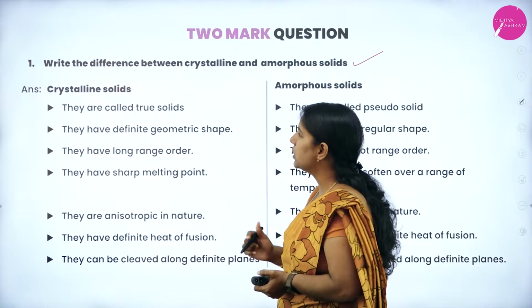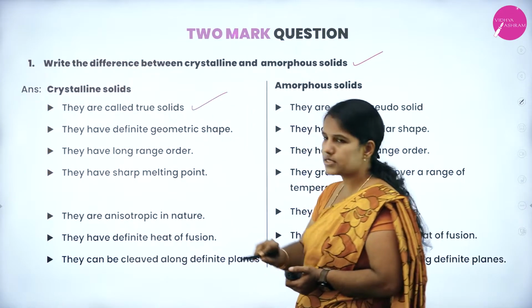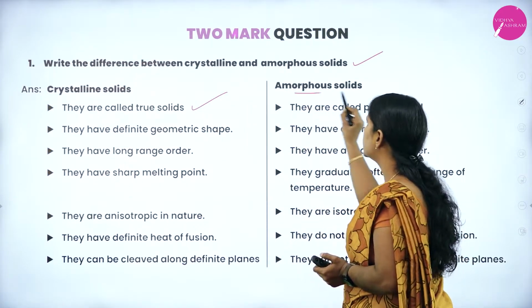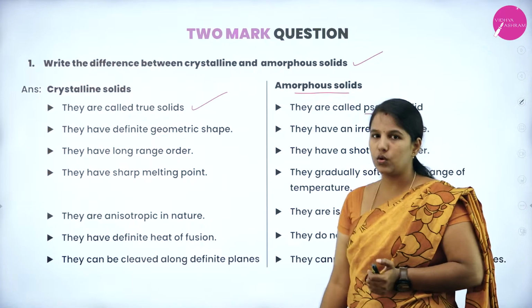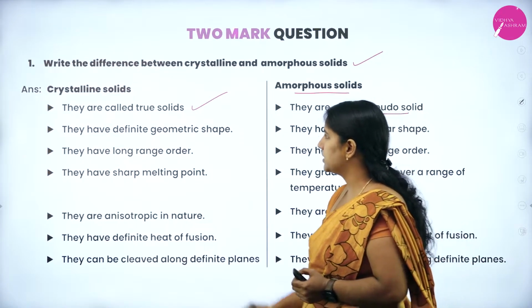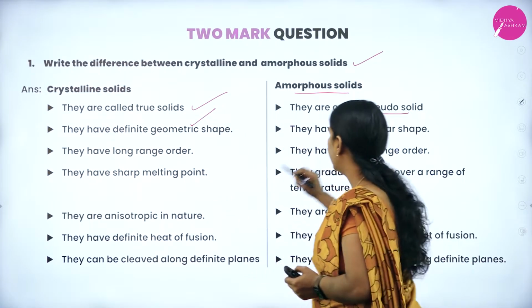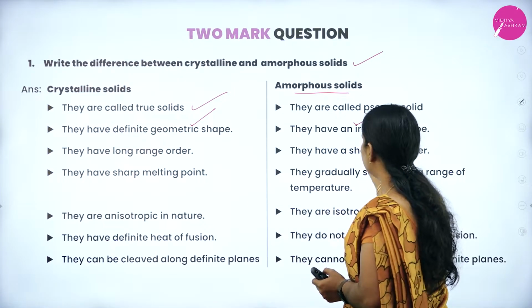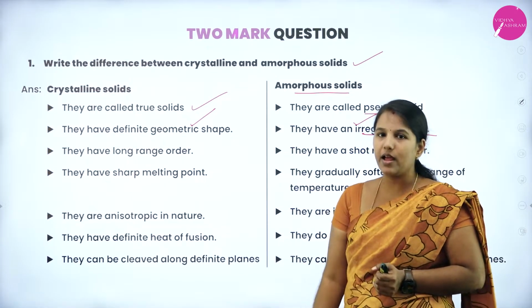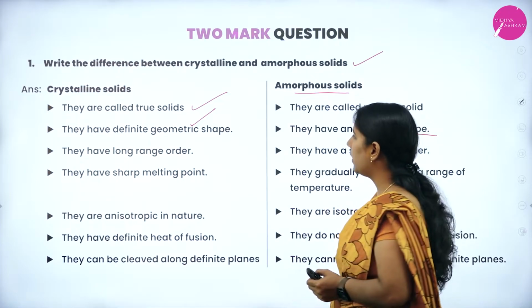Crystalline solids are also called true solids, whereas amorphous solids are called pseudo solids. Crystalline solids have a definite geometry, whereas amorphous solids usually have an irregular shape.